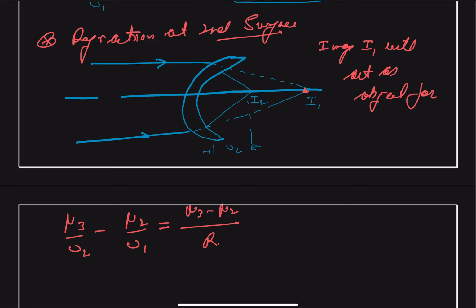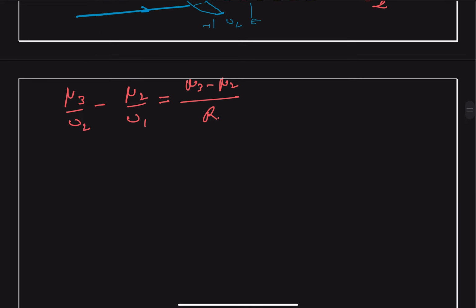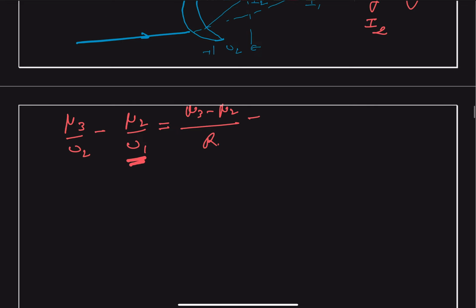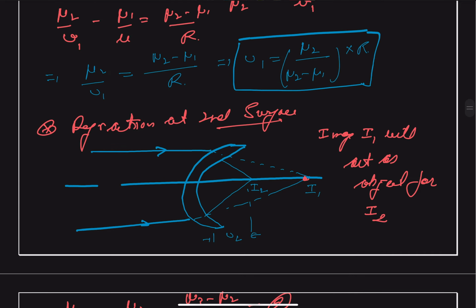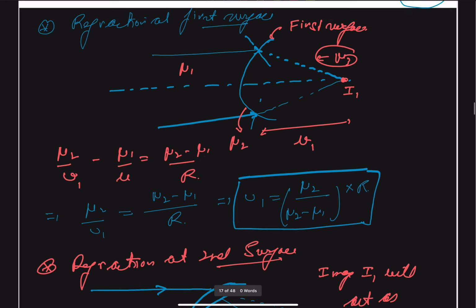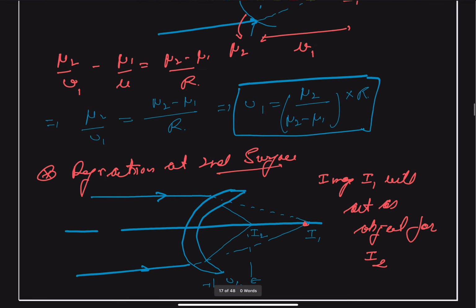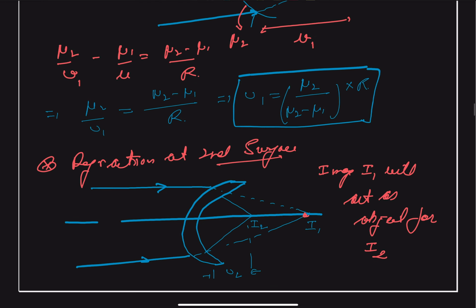That's why in place of the object distance, we write V1. Let us call this equation number 2 and the earlier one equation number 1.